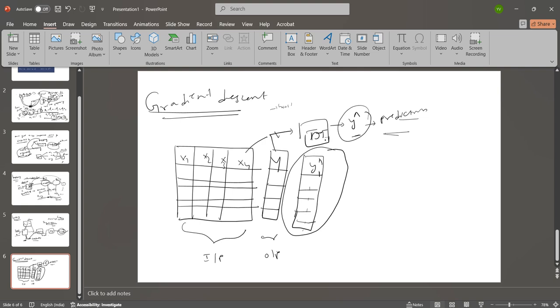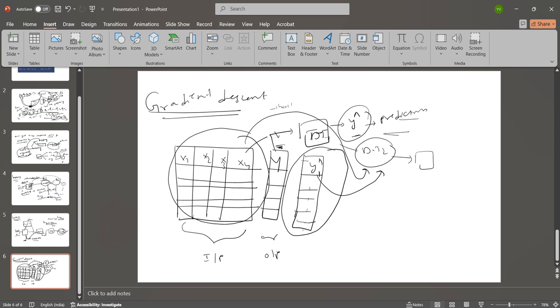When we go to the second decision tree, we will use the same X input values again, but instead of this Y value, we will give this Y value. Got it? We will ask our model to give one more prediction, that is Y2 hat.